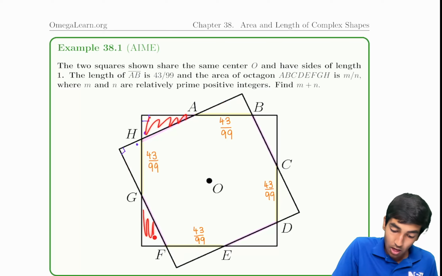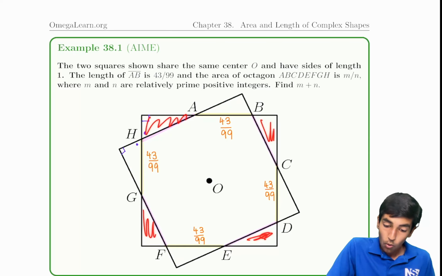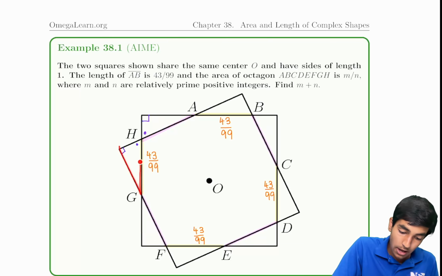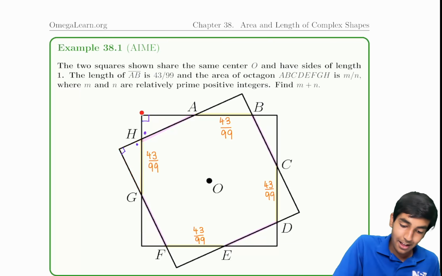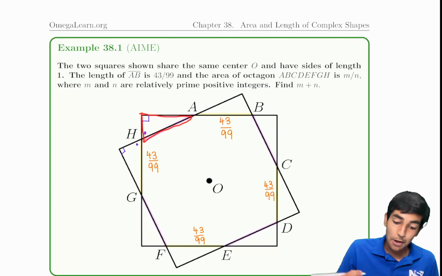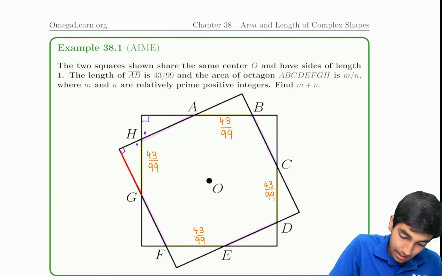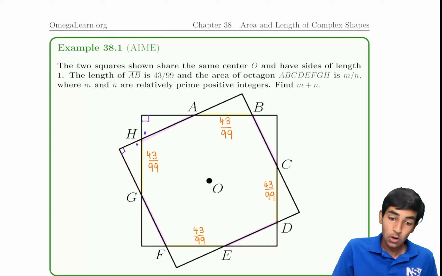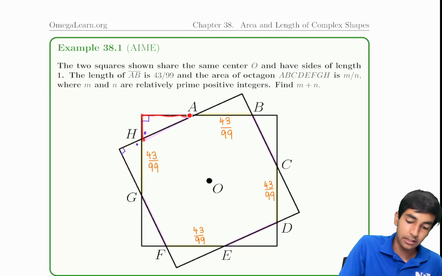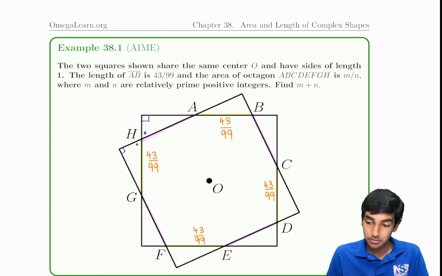And by that logic, we can just say that the area of this triangle is the same as the area of this triangle. And what does that mean? That means the product of this length and this length equals the product of this length and this length by our area of a triangle formula.